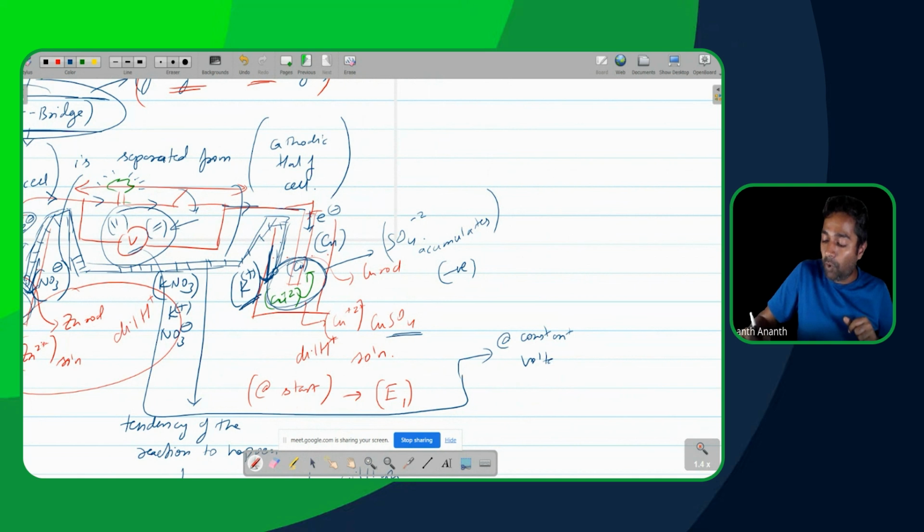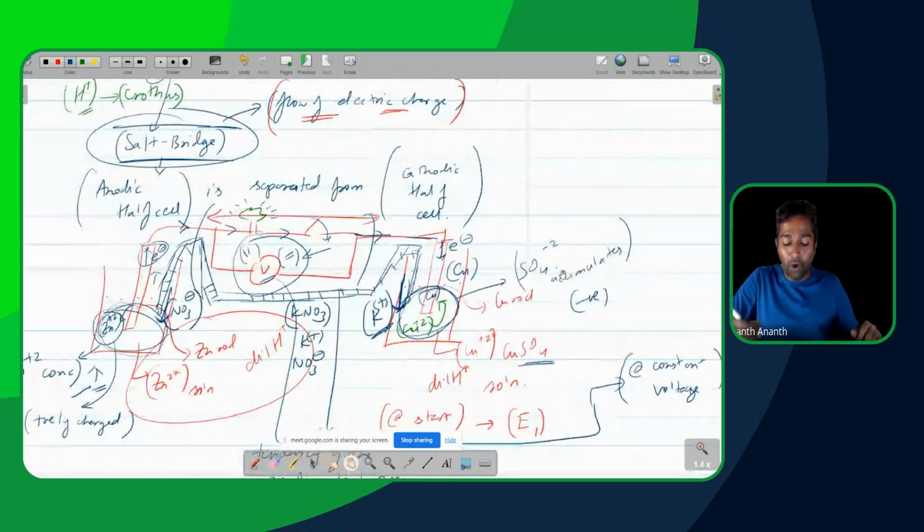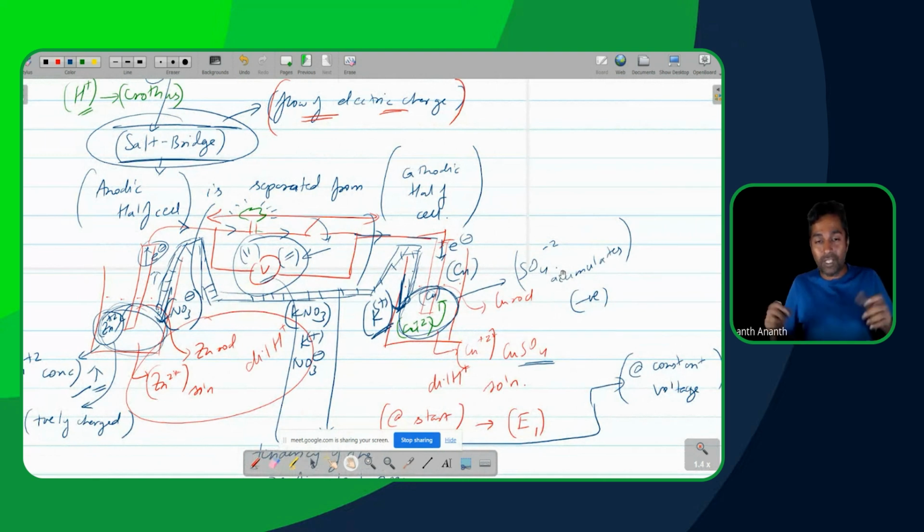At constant voltage, what starts becoming more interesting? What does constant voltage mean? It means the bulb is glowing permanently, right? And with a clean light, correct?